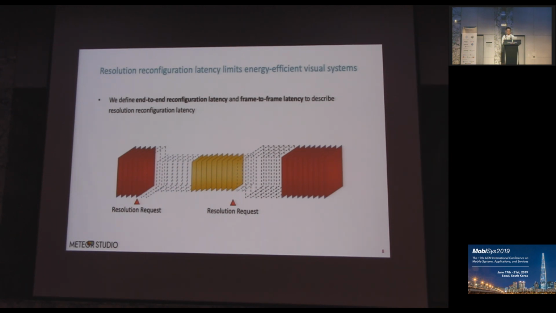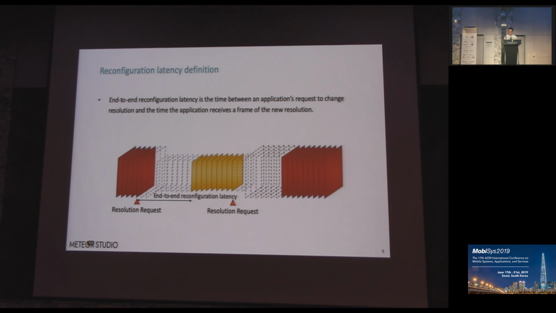We define end-to-end reconfiguration latency and frame-to-frame latency to describe the resolution reconfiguration latency. End-to-end reconfiguration latency is the time between an application's request to change resolution and the time the application receives a frame of that new resolution. Frame-to-frame latency is the interval between two frames being provided to the application, in which the latter one is at the new resolution.